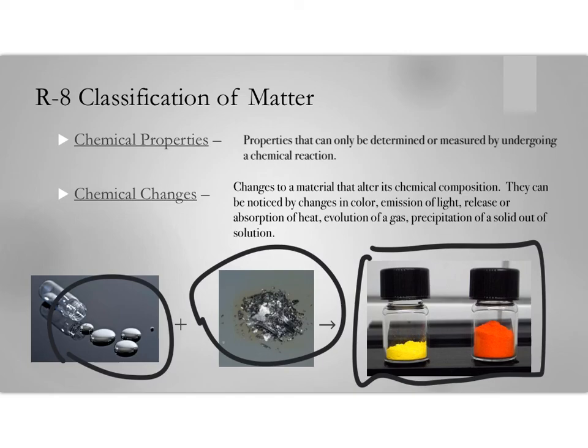And so chemical changes you can notice by color changes, by light being emitted, like in a glow stick, heat being given off, like in a fire, or heat being absorbed, as in a cold pack.